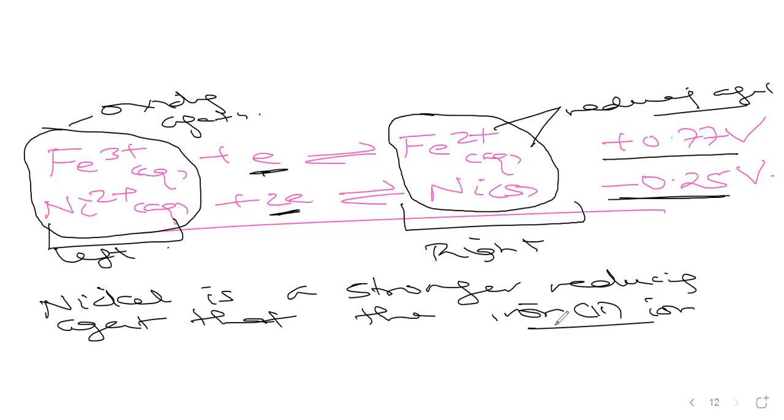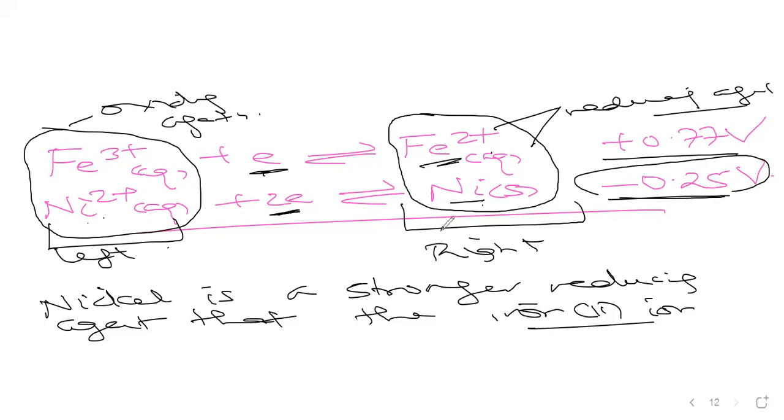than the iron 2 ion. Why? The standard electrode potential for the formation of nickel metal from nickel 2 ions is more negative than that for formation of the iron 2 ion from the iron 3 ion. That's why nickel is a stronger reducing agent than the iron 2 ion.